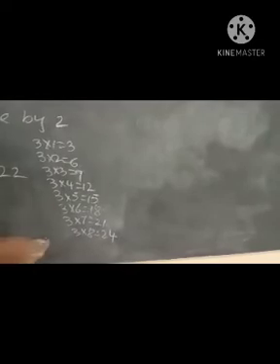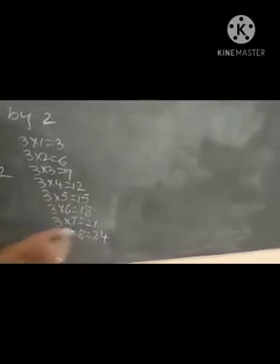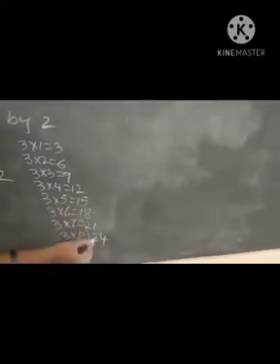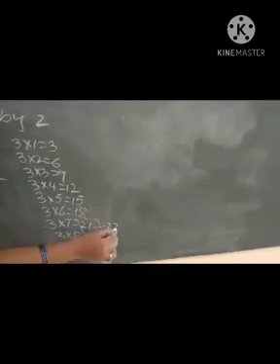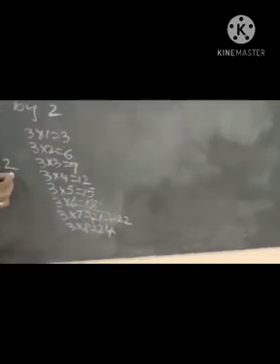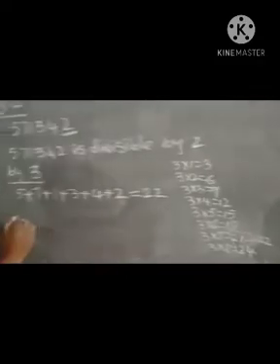In between these two numbers, 21 and 24, 22 is there, no? So here 22 is not divisible by 3.